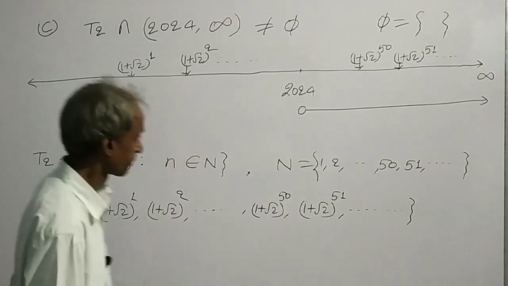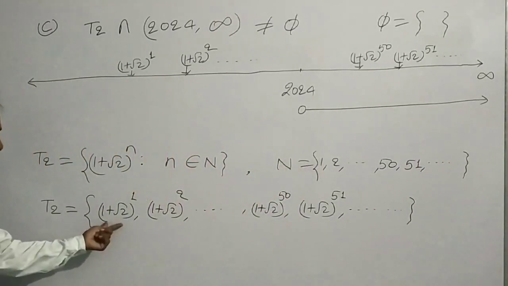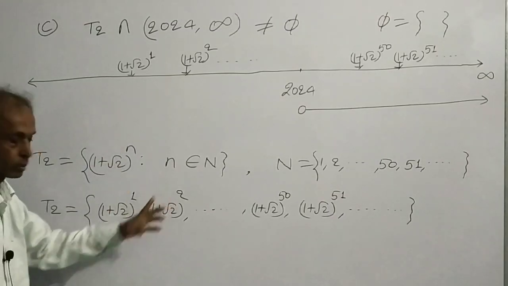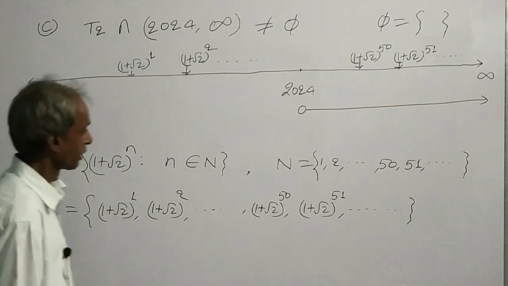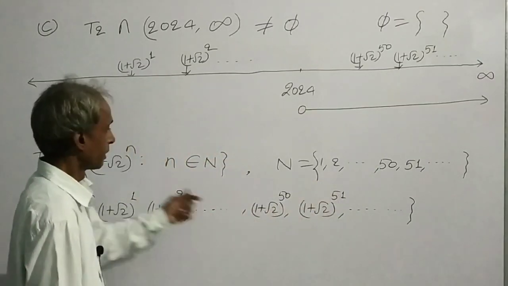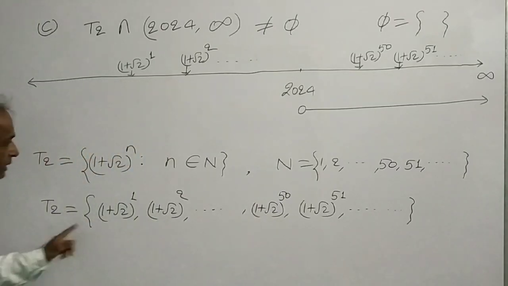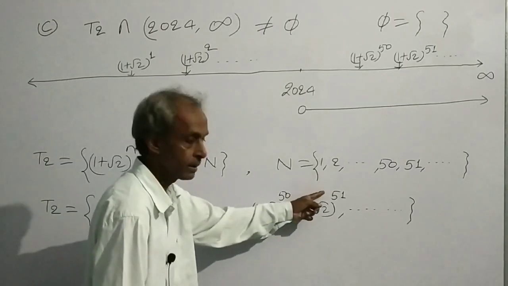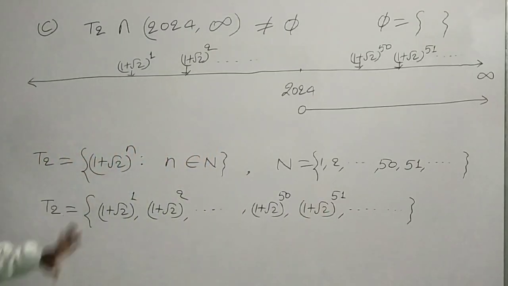When we write 1, this number is present in T2. When we write 2, this is present in this T2. Similarly, when we write 50, then this number is also present in this set T2. 51 is also present in this set.